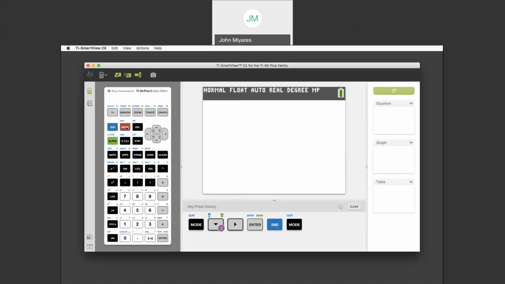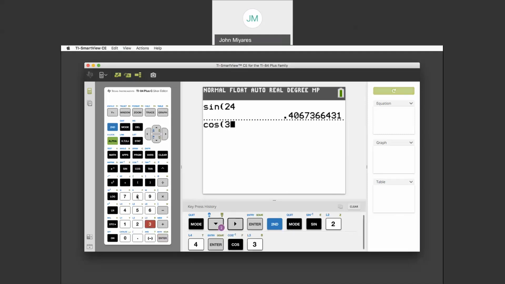To evaluate the sine of 24 degrees, I can just hit sine and then hit 2 and 4, and then I can just hit enter and it will evaluate a decimal for us. For cosine of 38, we can press COS 3, 8, and we can close the parentheses.